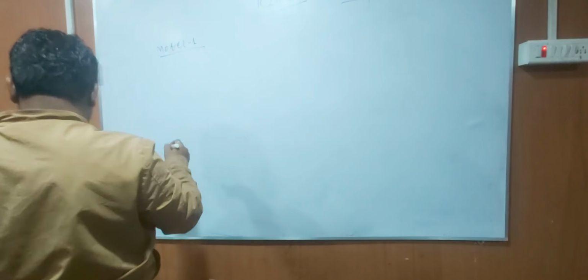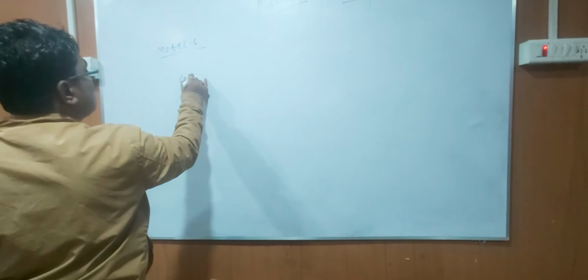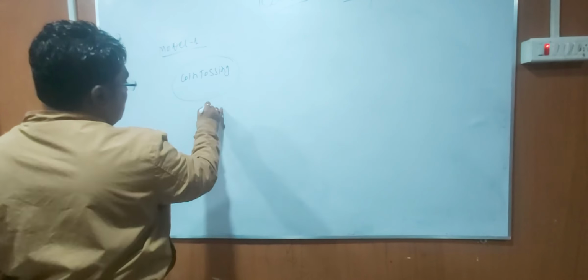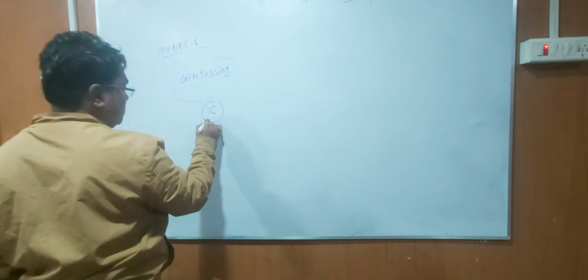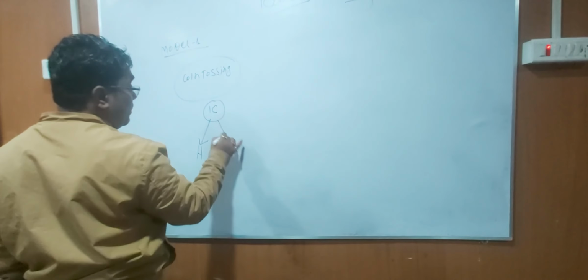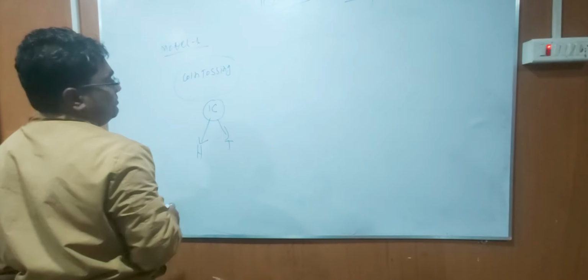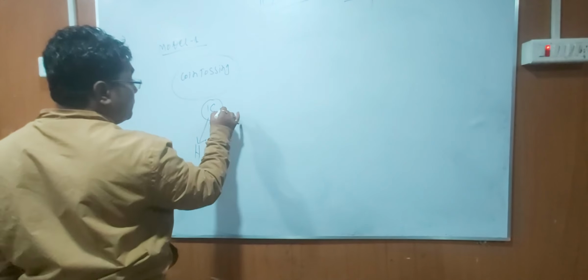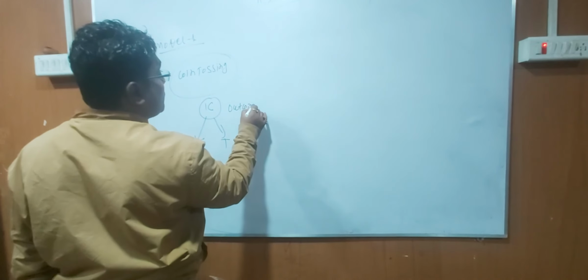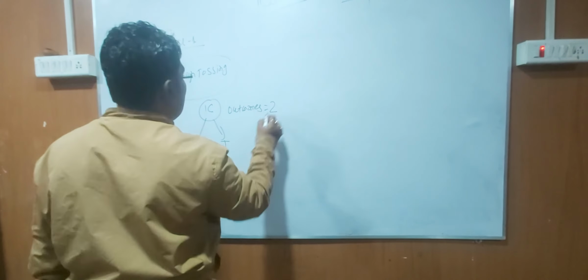Okay, now model 1, we have coin tossing. Coin, we know. If one coin is tossed, then what appears, head or tail? Then from one coin, how many outcomes are possible? 2.